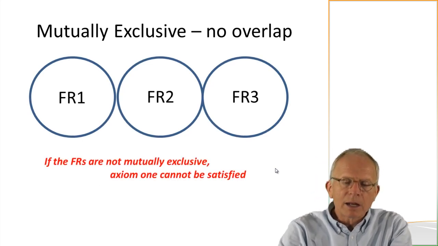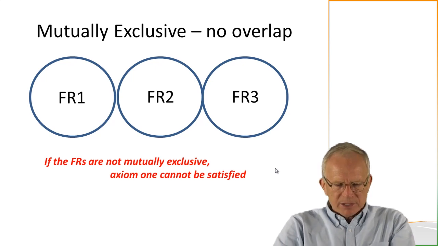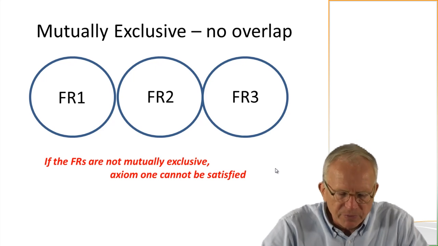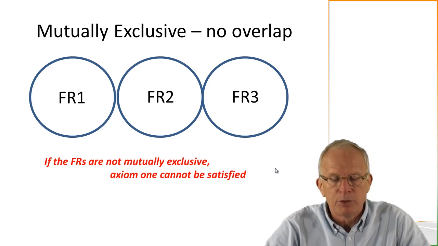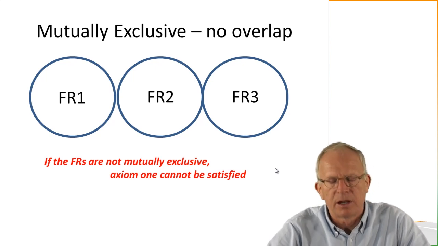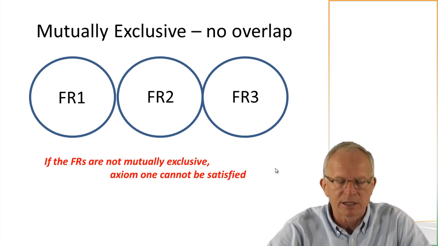All right, so symbolically, mutually exclusive means there's no overlap. FR1, FR2, FR3 are not overlapping, and so these are mutually exclusive. If they're not mutually exclusive, then that means I change something and 2 FRs change. And that's not maintaining the independence of the functional elements, so that violates axiom 1.